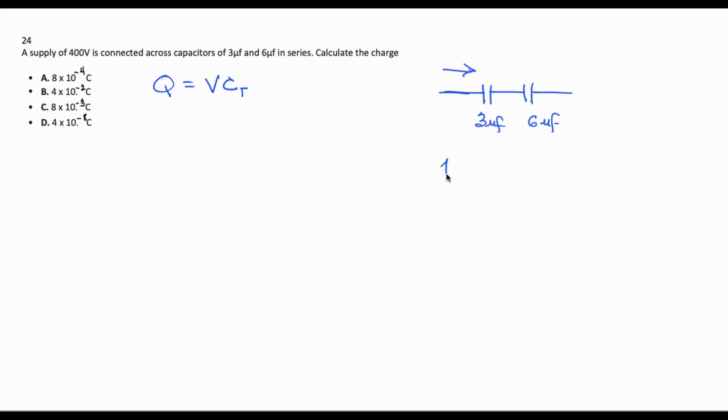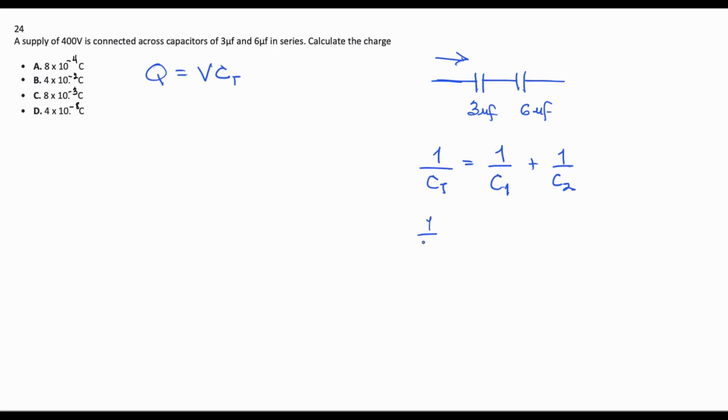And to find the equivalent capacitance of capacitors in series, the formula is 1 over CT equals 1 over C1 plus 1 over C2. If the capacitors were connected in parallel, it would simply have been CT equals C1 plus C2. But since we're dealing with capacitors in series, this is our formula.